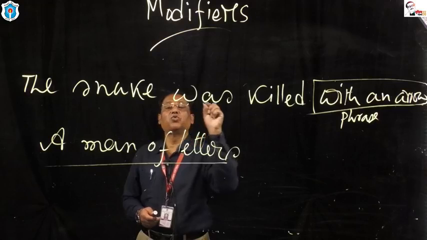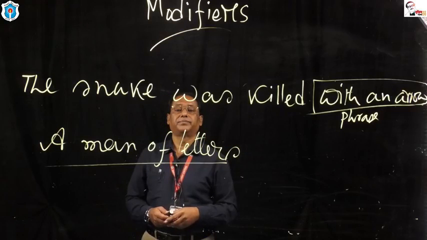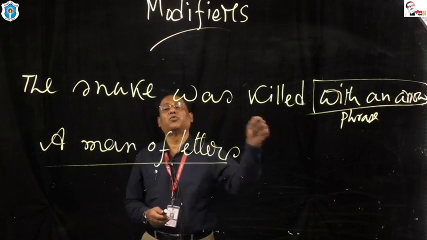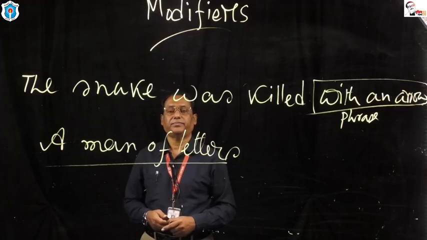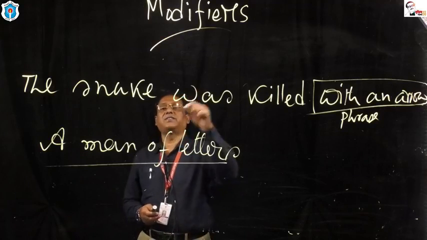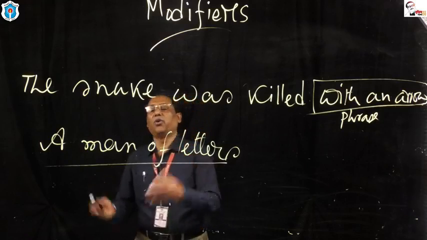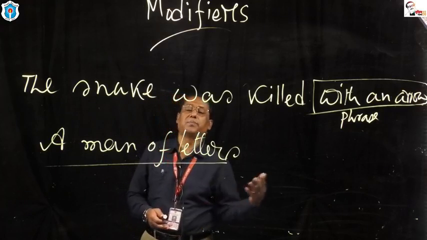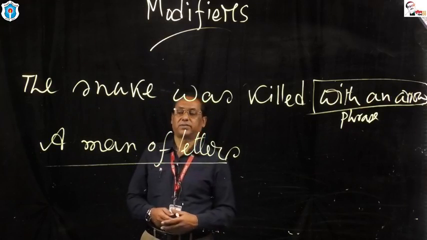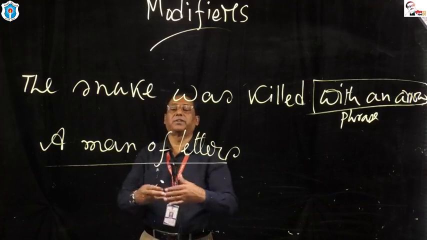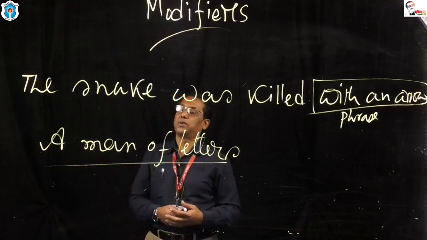A phrase is a group of words. A clause is also a group of words. A phrase is used as a part of a sentence. In the same way, a clause is also used as a part of a sentence.